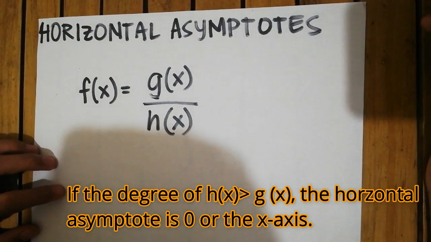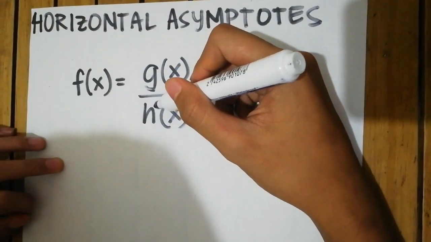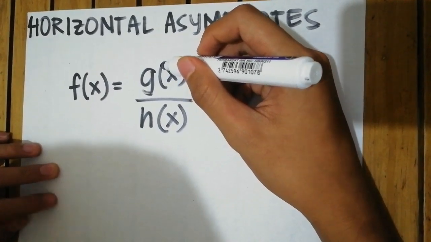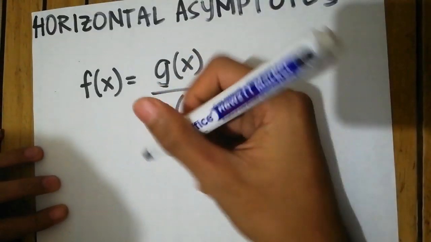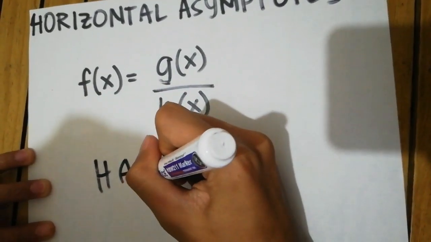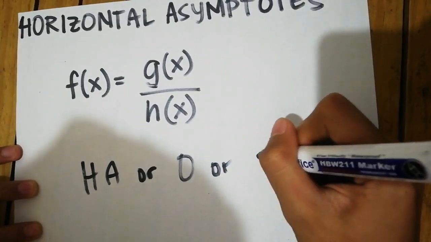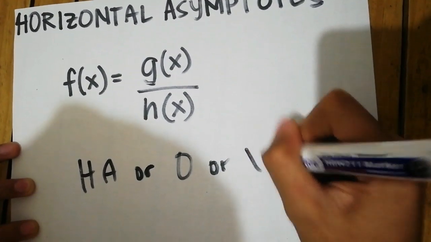The horizontal asymptote. If the degree of h of x is greater than g of x, the horizontal asymptote is always 0, or the x-axis.